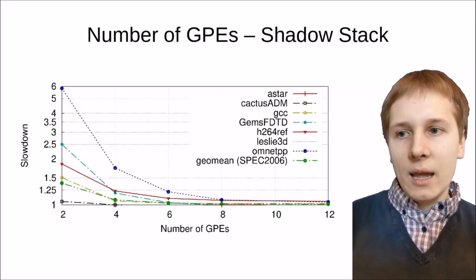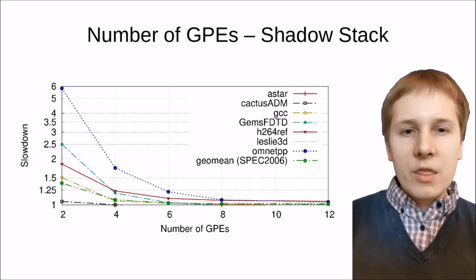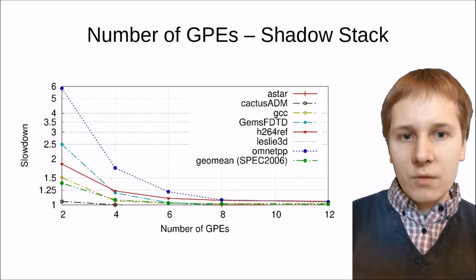In more detail here, we see some of the highlights from the overhead of the shadow stack technique. The full results are in the paper. This is just the interesting subset of Spec 2006 for this task.